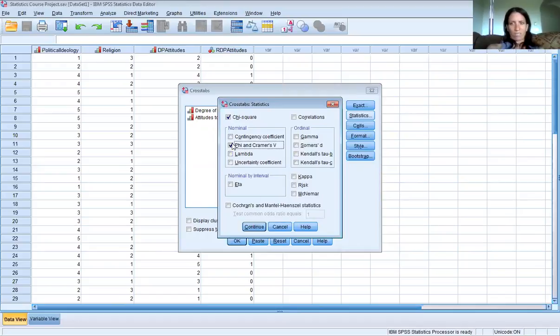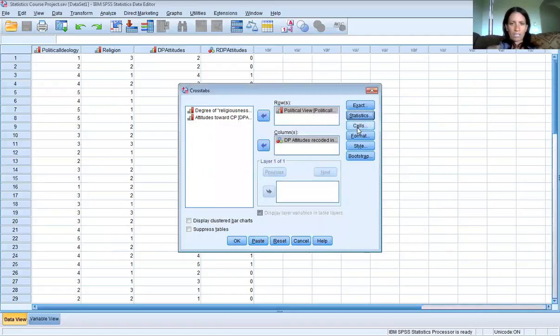So this is just a personal choice. It doesn't matter. It's going to give you a measure of association, and if the association between the variables is strong, both of them are going to show you that. And if the association is weak, they both should show you that. So substantively, it shouldn't make much of a difference.